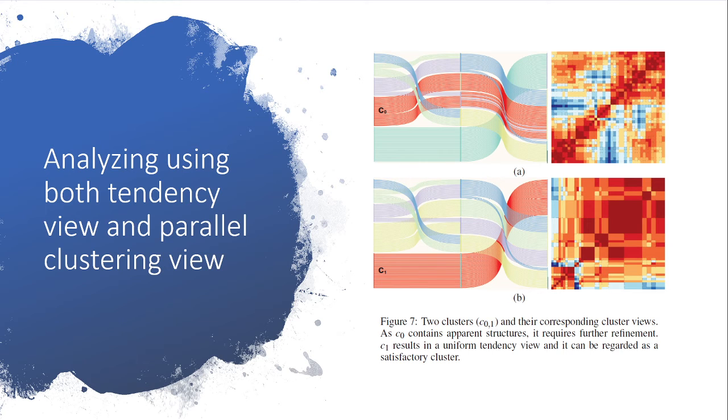So the paper talks about using these together to show how good your clustering is and which clusters are the strongest. So you can see here in C0, the cluster actually breaks apart and then goes into multiple clusters and then further goes into another cluster.